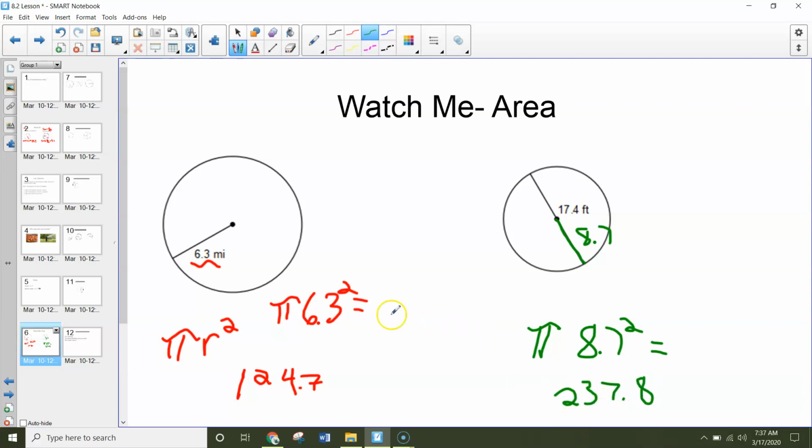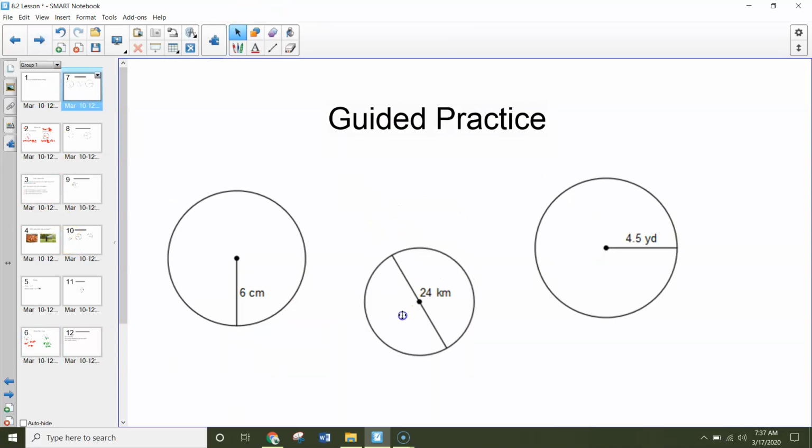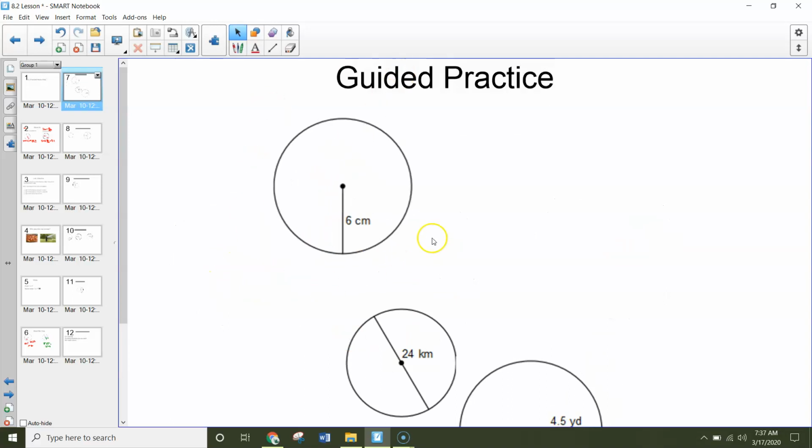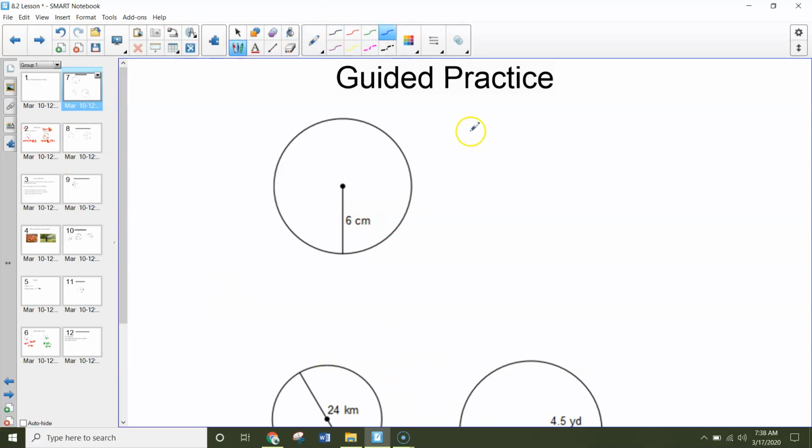Okay, let's do some of these together. Go ahead and copy this first circle, this one right here, into your notebooks, and then press play once that's copied. Okay, so remember for all of these, it's pi r squared.